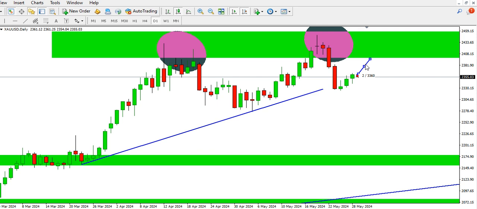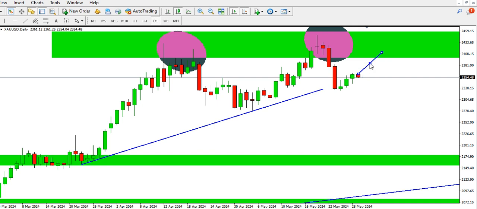Okay, price goes up, price might get to this particular order block. All right, or price might get to the midpoint of the drop.